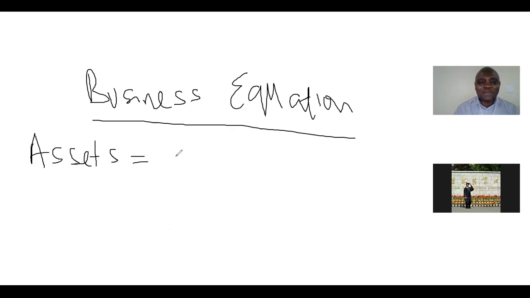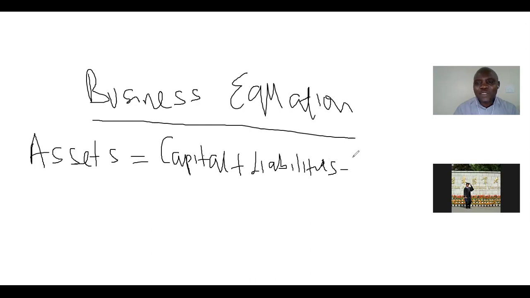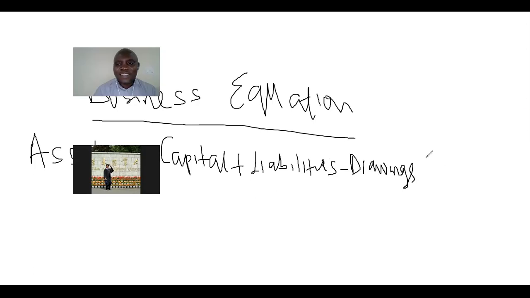So to be assets equals to capital or equity plus liabilities minus drawings. If you are drawing your owner's money, if it's being drawn, then plus profits.